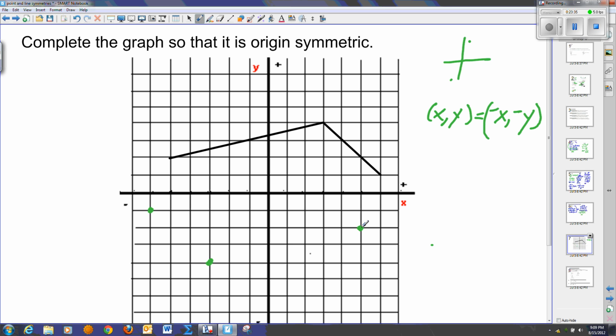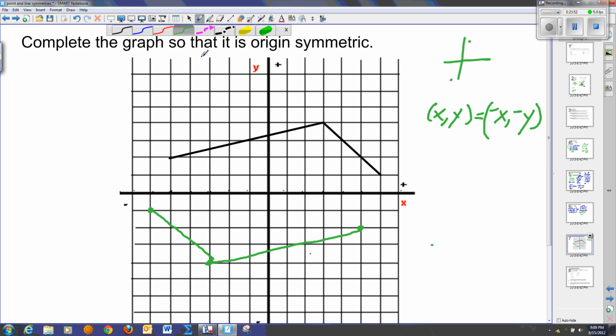And then I'm going to connect the dots. When I connect the dots, it won't be super pretty. It'll be close. You'll see that I have a new, somewhat triangular figure.